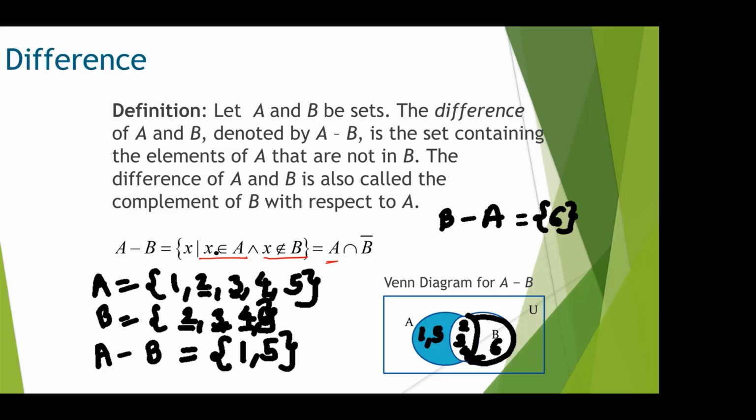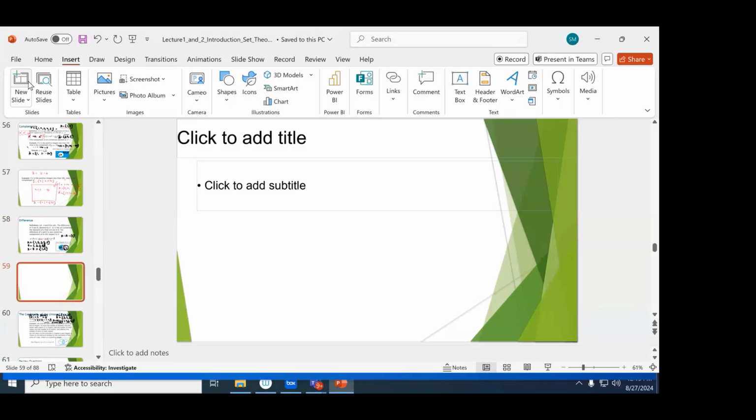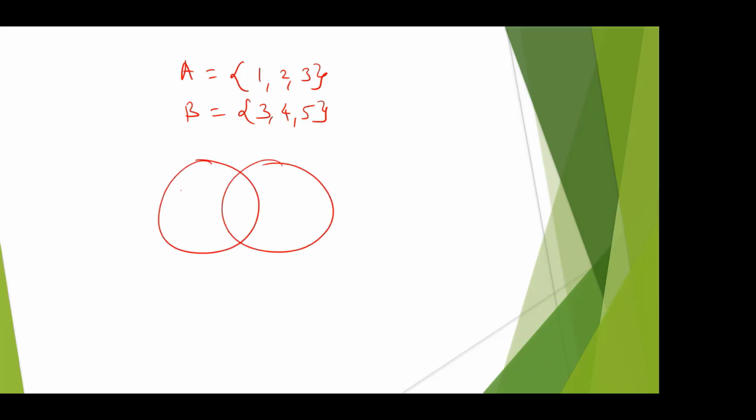So for example, let's say we take the same example of A and B. We had A as 1, 2, 3, and B as 3, 4, 5. When we take the set difference A minus B, from A we remove everything that B has.